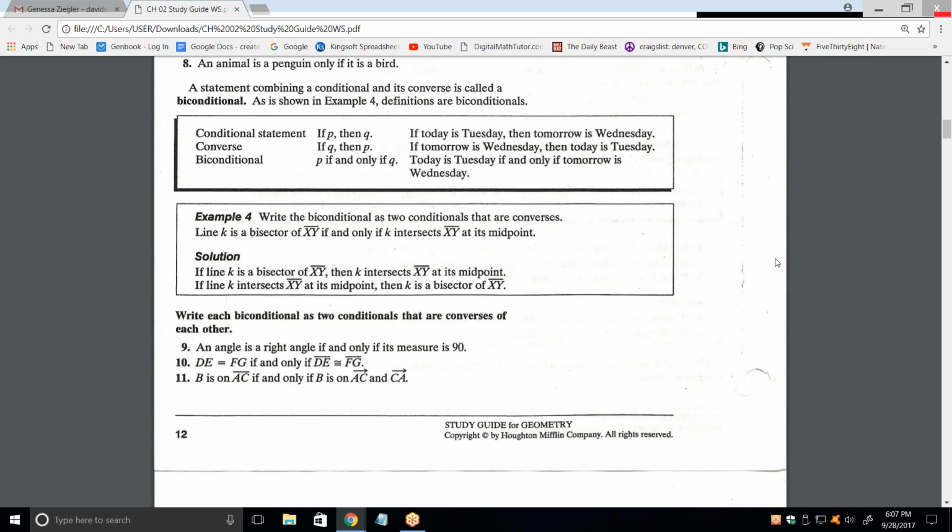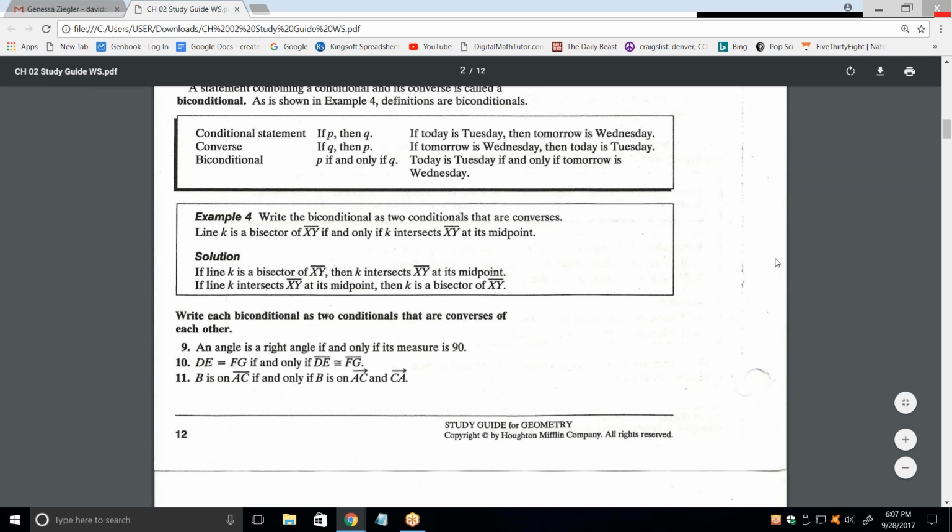Well, the converse of that is if it's a right angle, it's 90 degrees, and they are both true, so the biconditional would be true. If it's 90 degrees, if and only if it's a right angle, or it's a right angle if and only if it's 90 degrees. And their example also works fine, but I prefer math.